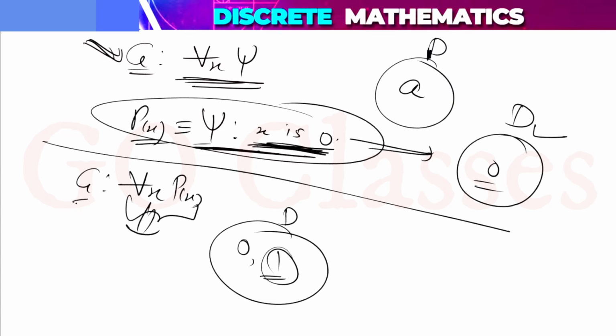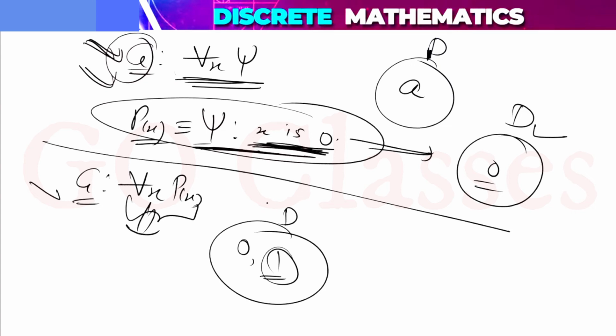So hence you can see that when this information is given to you, that for this formula G there exists a model of size 1, from that information you cannot guarantee that there will exist a model of size 2.